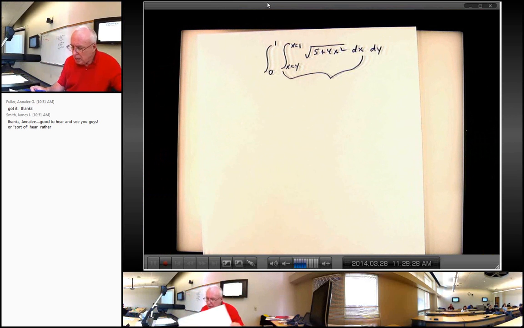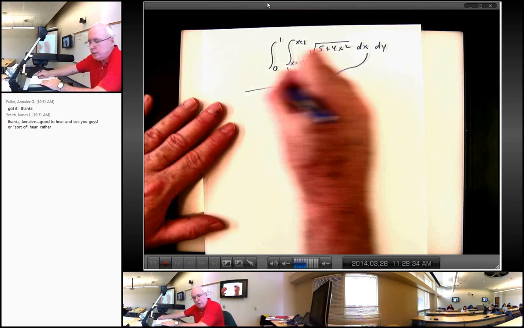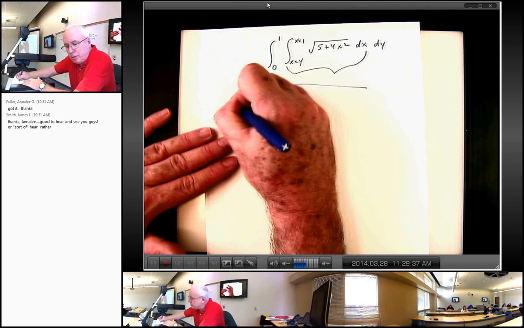Okay. I just have one more example here with the surface area. And so here's our second example.